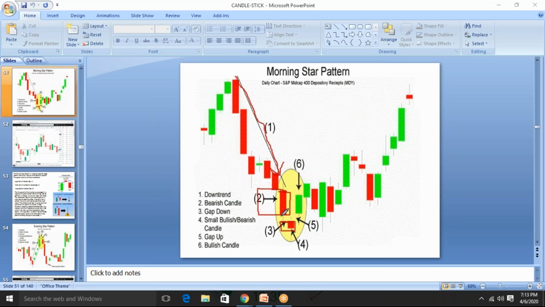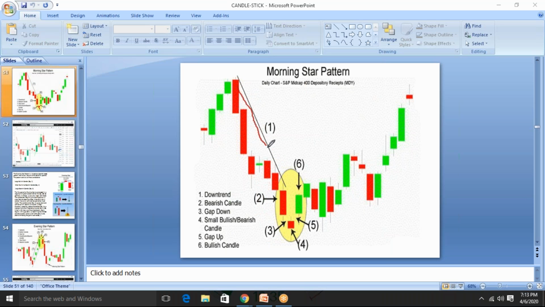There should be one bearish candle, first condition. Second, there should be a small gap down opening candle. Again I am explaining.